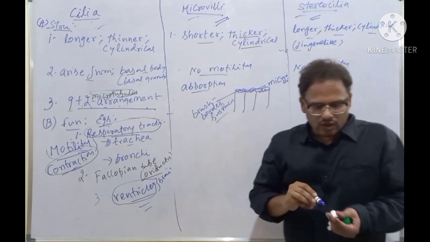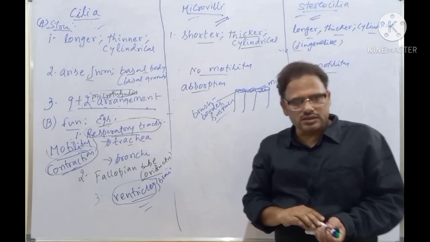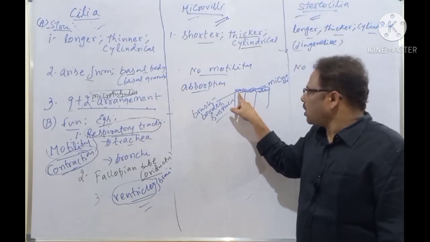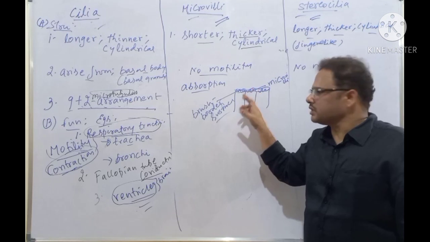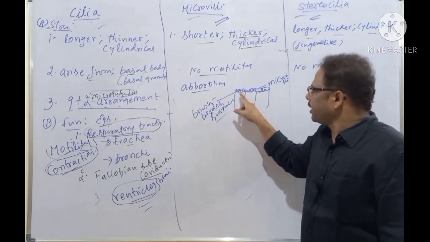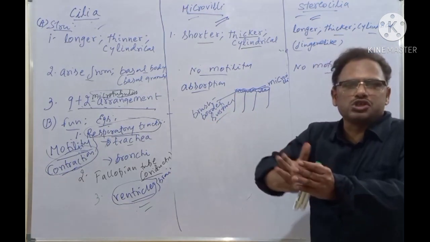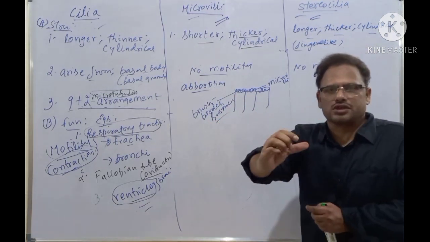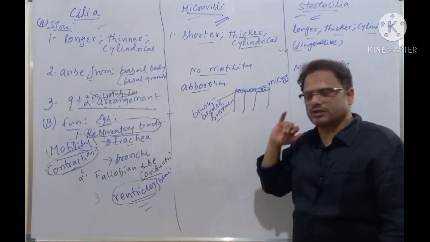Microvilli are present on the free surfaces of the epithelial cells. These are small extensions or protuberances of the plasma membrane of the epithelial cells. All the microvilli join to form a common structure called the brush border surface.